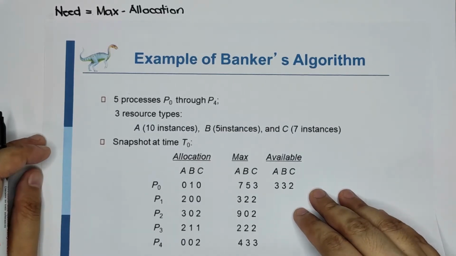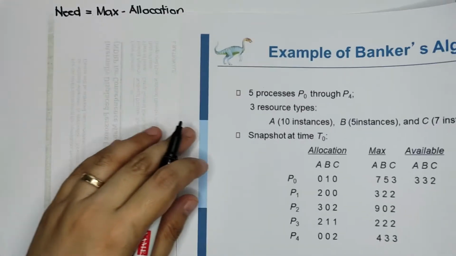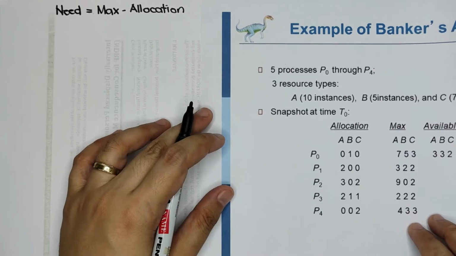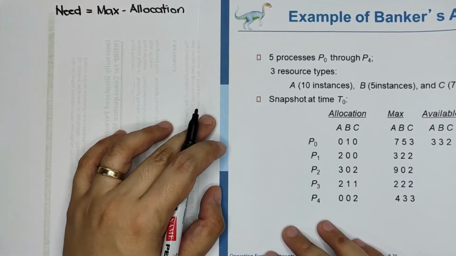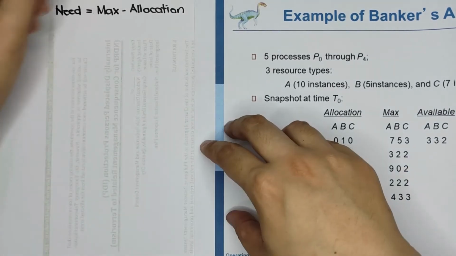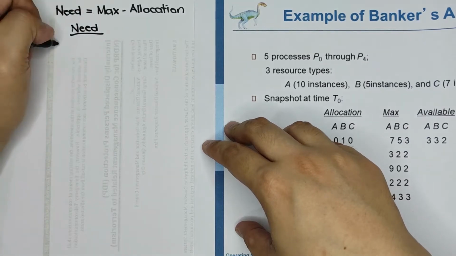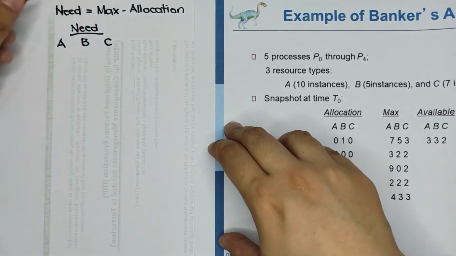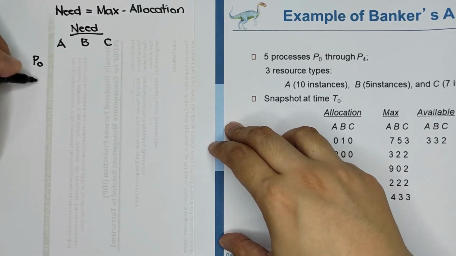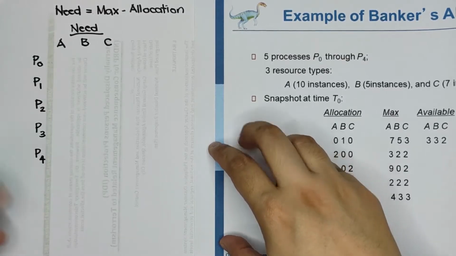So let's derive the need matrix. We have need, with resource A, resource B, and resource C, and then P sub 0, P sub 1, P sub 2, P sub 3, and P sub 4.